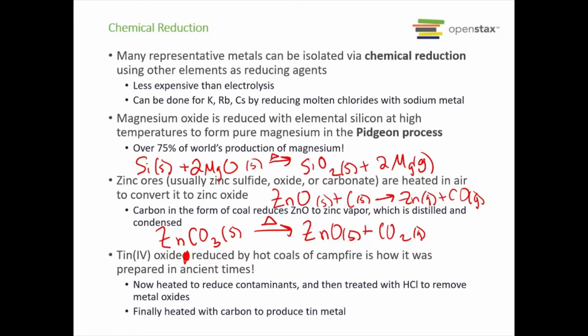Now it starts by being heated to reduce contaminants, and then we treat it with hydrochloric acid to remove the metal oxide, and then it's heated with carbon to produce tin metal. So very similar to how it was done before, but now it starts by being purified and then heated with the carbon, which, in ancient times, hot coals, that's still carbon. So now you get a more pure metal.